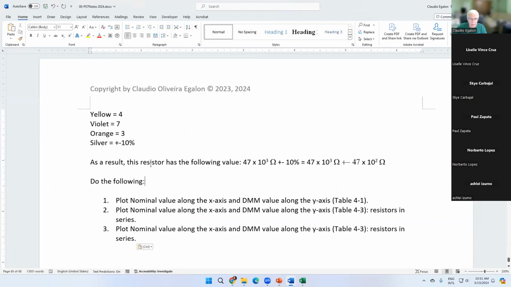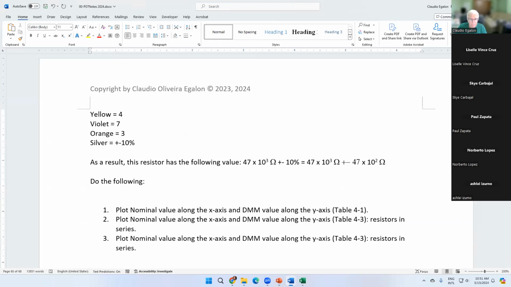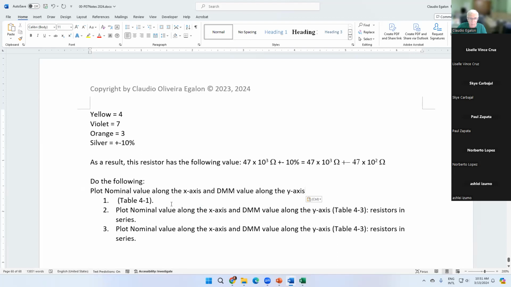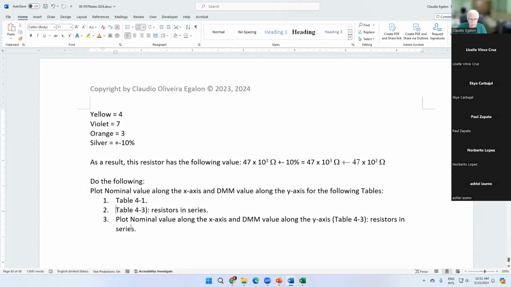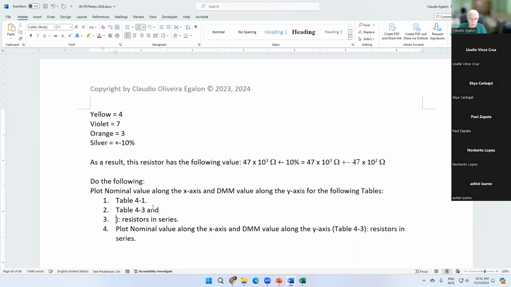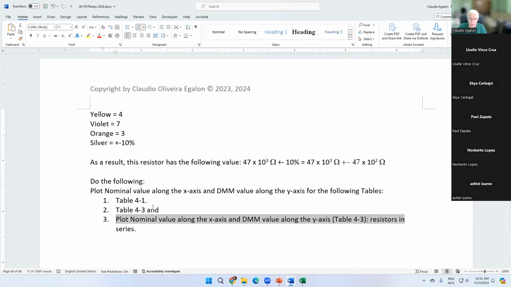So do the following. Plot the nominal value for the following tables: Table 4-1, Table 4-3, and Table 4-4.